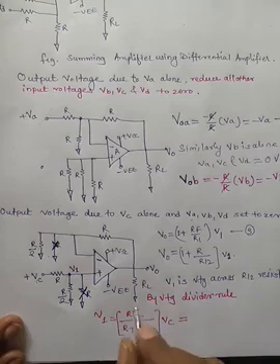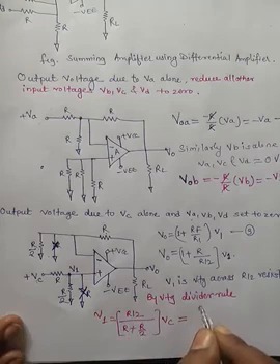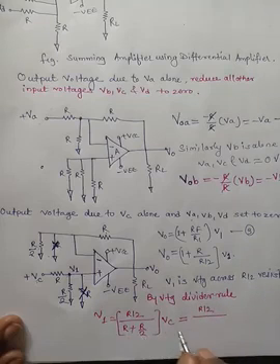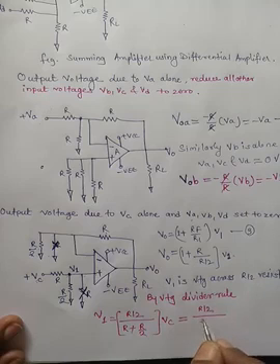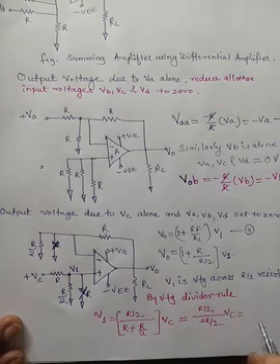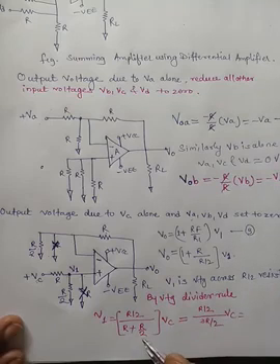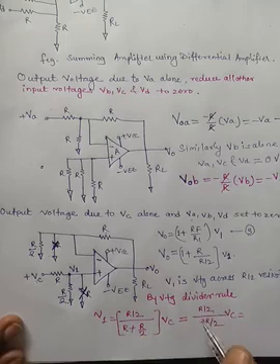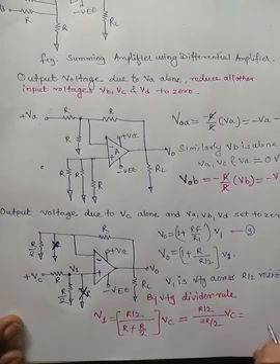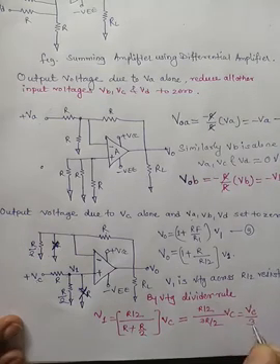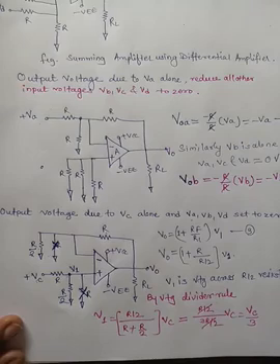Solve for this. It is R by 2 divided by 3R by 2 into VC. The denominator is R plus R by 2, that is 3R by 2, and this is R by 2. So VC divided by 3. R by 2 will get eliminated. So V1 voltage is simply VC divided by 3.